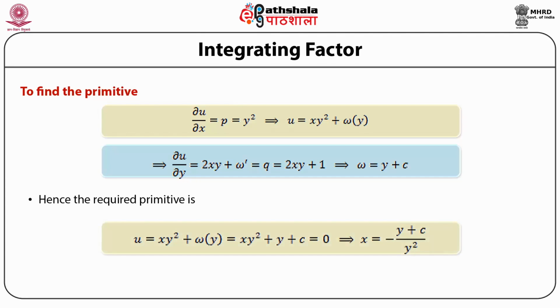Hence, the required primitive is u is equal to x y square plus w of y, which in turn is equal to x y square plus y plus c is equal to 0. This can be solved for x in terms of y. x will be given by x equal to minus of (y plus c) divided by y square.